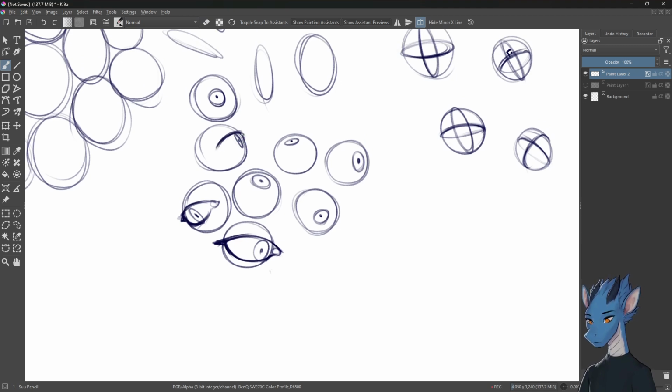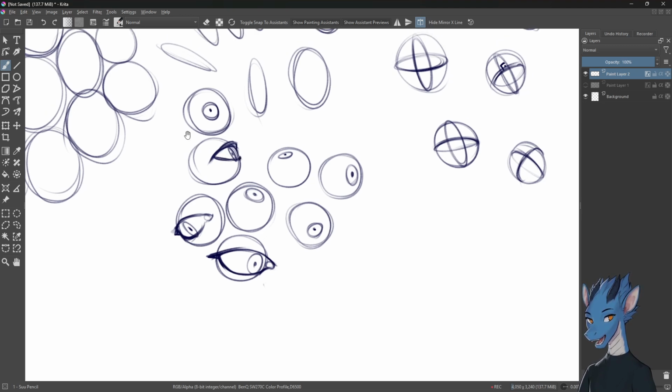So this is step 3. You're going to go and draw these lines over these eyes. Turn them into proper eyes, right? Try to do some tricky angles. You can do that, or you can also just try to draw it from the front, but push it so that the iris appears.